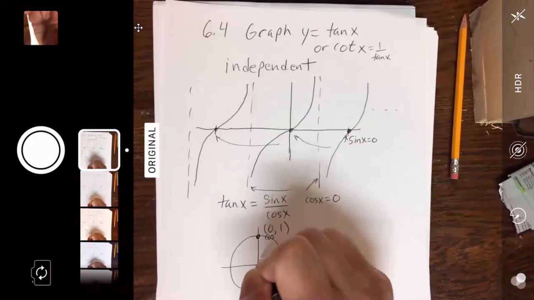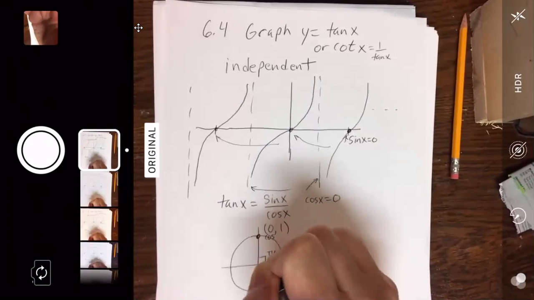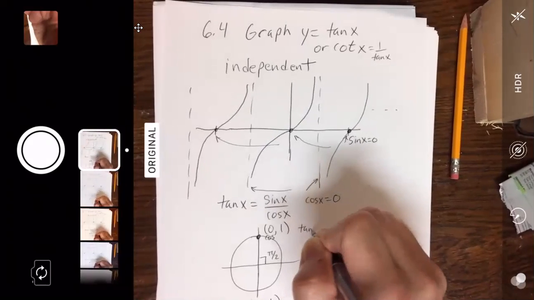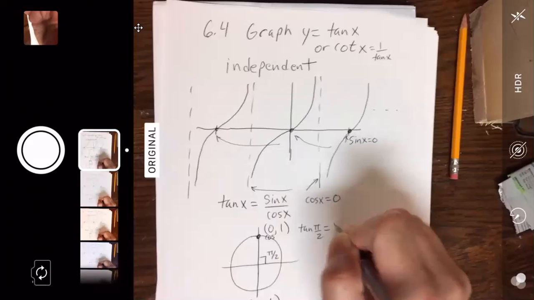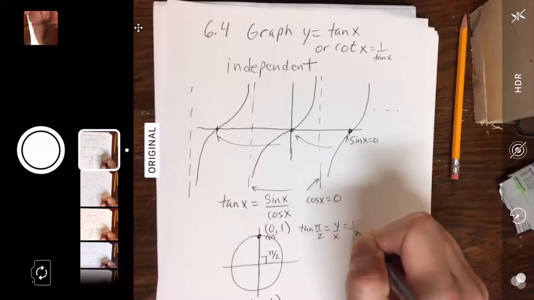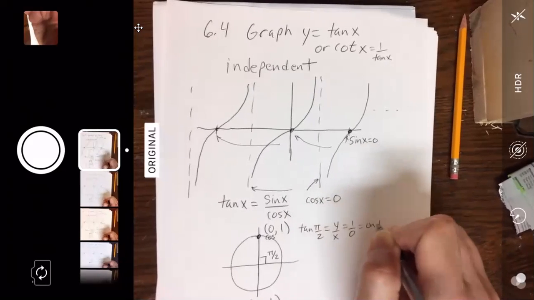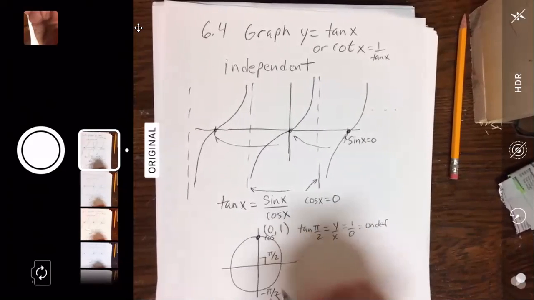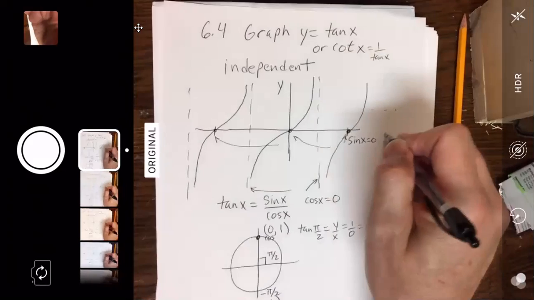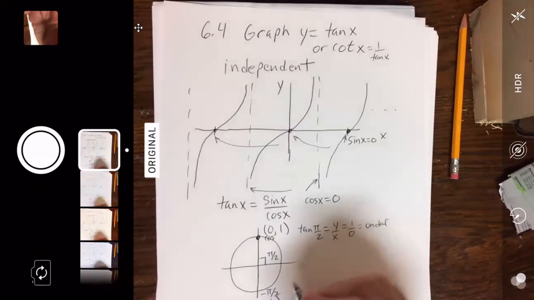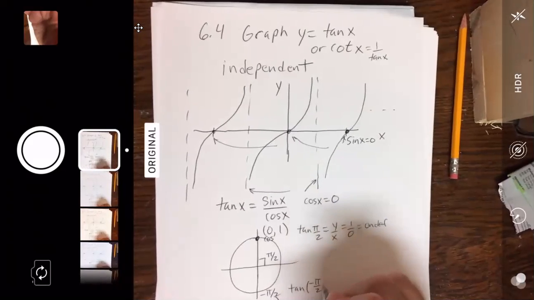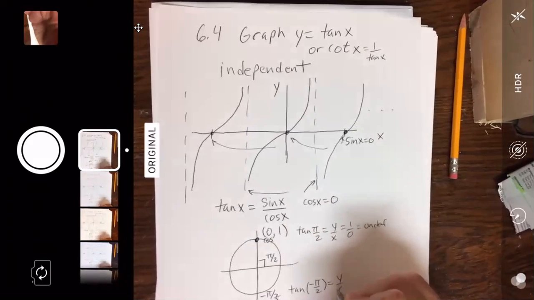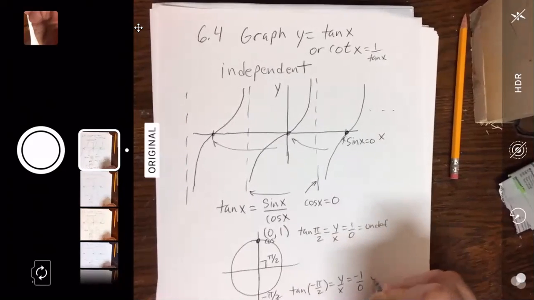Cosine. So this is at pi over 2. In other words, a tangent of pi over 2, you're getting y over x, which is 1 over 0, which is undefined. This down here, we're going to use negative pi over 2 because you're backing off the y-axis in the negative direction. Tangent at negative pi over 2 is, again, y over x is -1 over 0 is undefined.